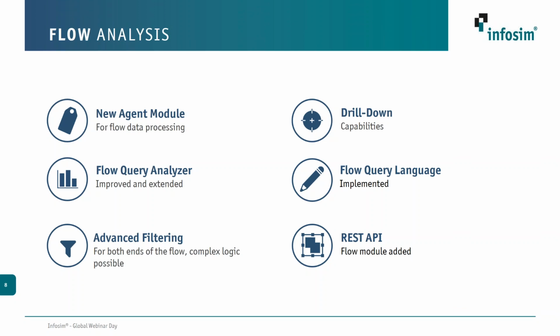This is possible now. You can assign dedicated filters for both ends of the flow. So you can say filter on a flow where one end is 10.11.11.1 and the other one is 10.1.2.10, for example. And it also allows for complex logic, so AND and OR is possible there.